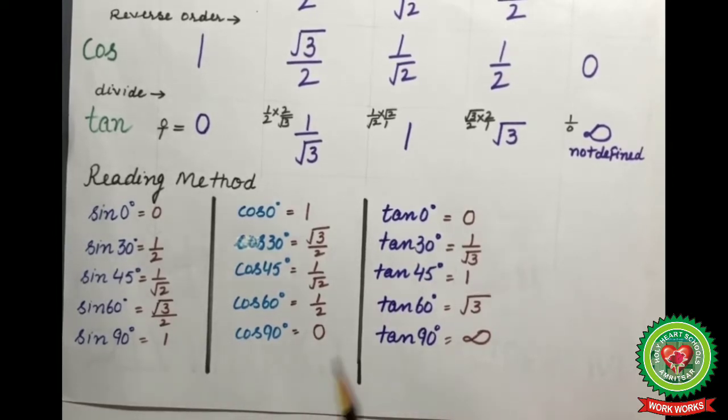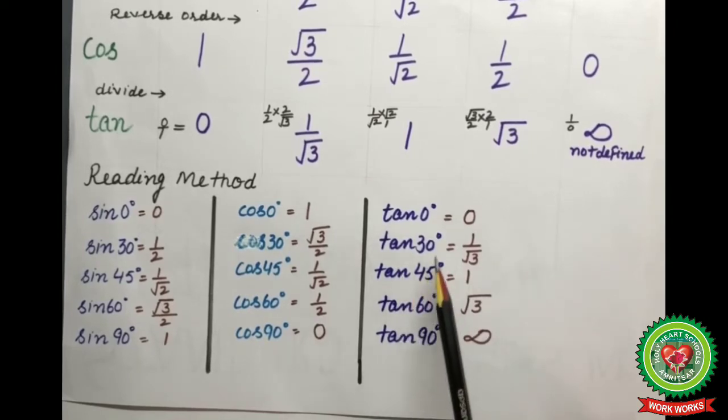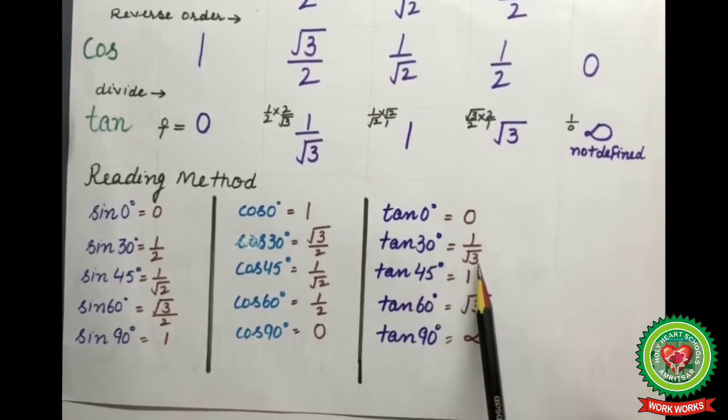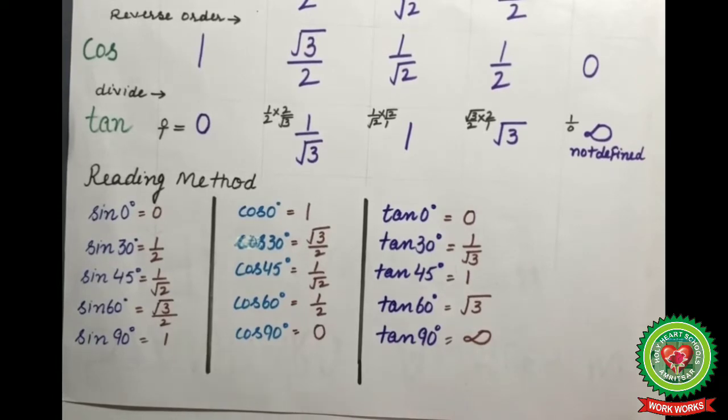Now for tan: tan 0 degree is equal to 0. Tan 30 degree is equal to 1 upon under root 3. Tan 45 degree is equal to 1. Tan 60 degree is equal to under root 3. And tan 90 degree is not defined, or we can say 1 upon 0.